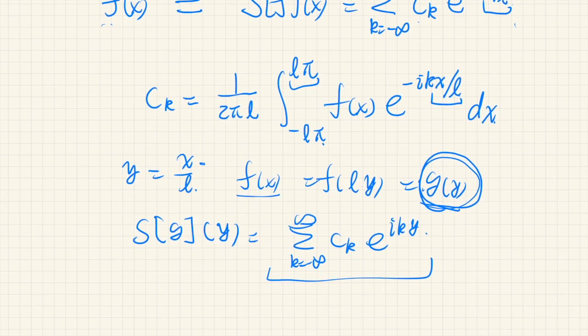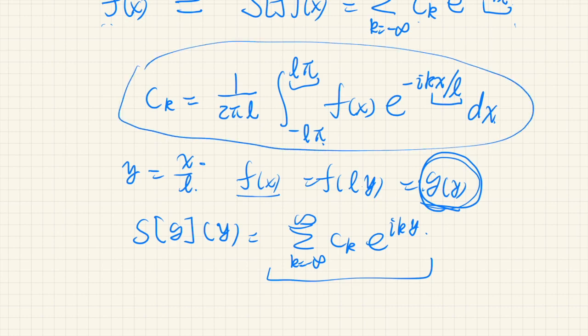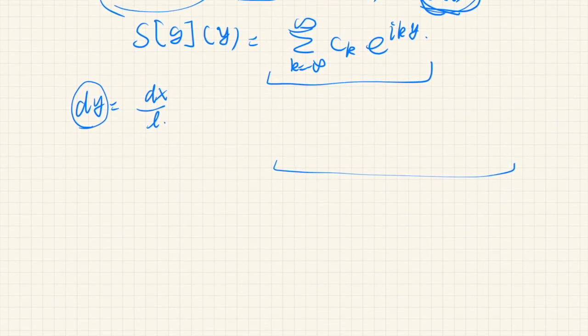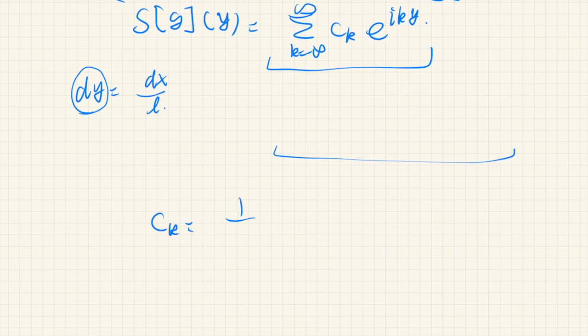Just in case you're wondering what happens to the Fourier coefficient if we replace x with y. From here we have dy equals dx over L. So this L and this dx will be replaced with dy, and this will be y. So that is the Fourier coefficient we have.